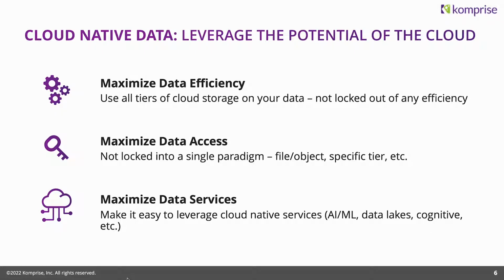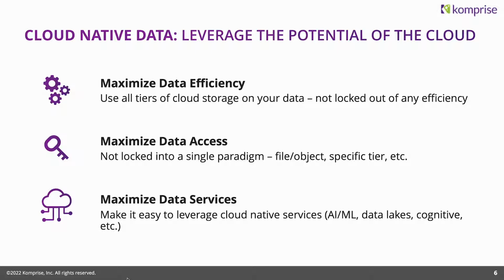So cloud native, if your data is going to the cloud in a cloud native format, you should be able to leverage any of the efficiency the cloud has to offer today and in the future. The second thing is, when you move data to the cloud in a cloud native format, you should be able to use that data not only as a file, but also as a native object, especially if you're moving it to an object tier in the cloud.